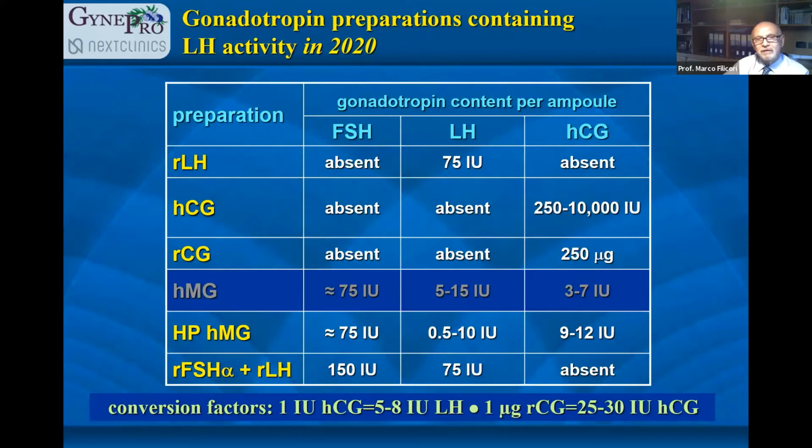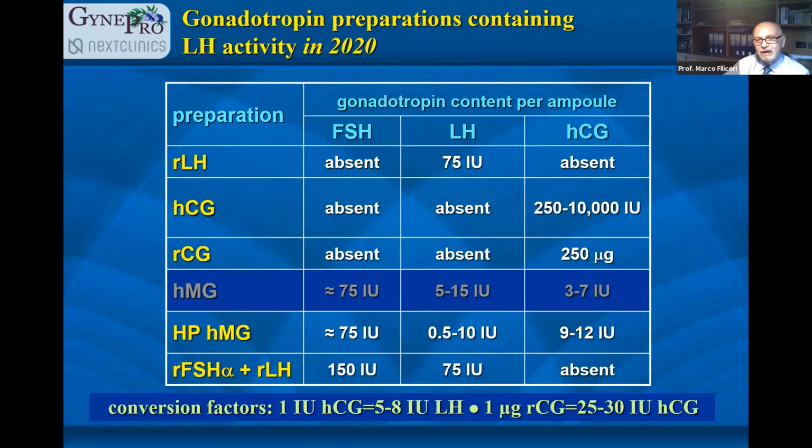First of all, how do you get LH activity? There are several preparations that are available, I think, in most countries in the world, and I'm sure that they are available also in Egypt. You have recombinant LH, where you have ampoules containing 75 units of LH, no FSH, no HCG. Then you have urinary-derived HCG, where you only have HCG, no FSH, no LH, and dosages ranging from 250 to 10,000 units per ampoule.